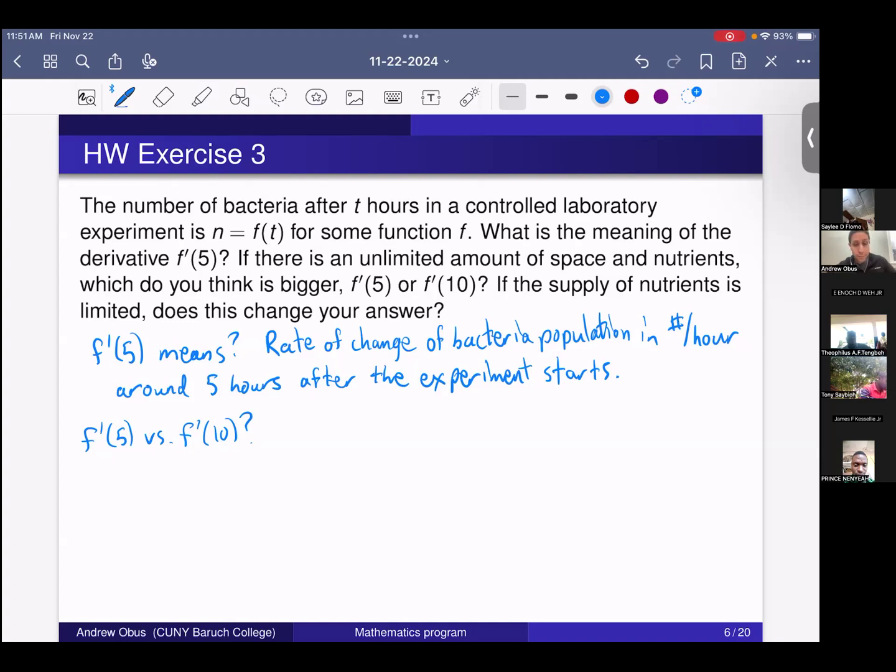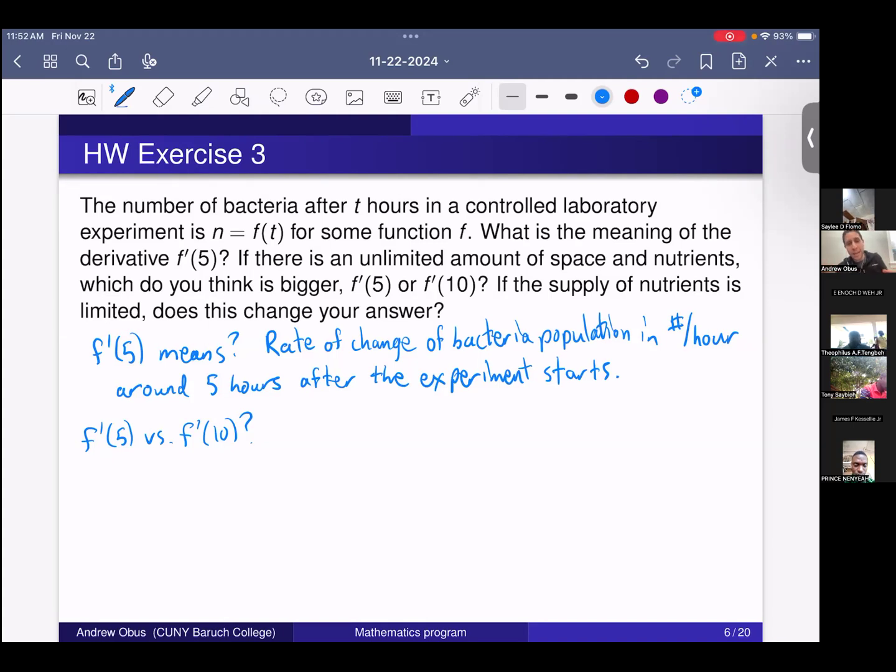So there's more after 10 hours. And when you have more bacteria, remember the bacteria just split every once in a while. Every so often they split, right? So if you've got more bacteria, then the rate of reproduction should also be higher, right?